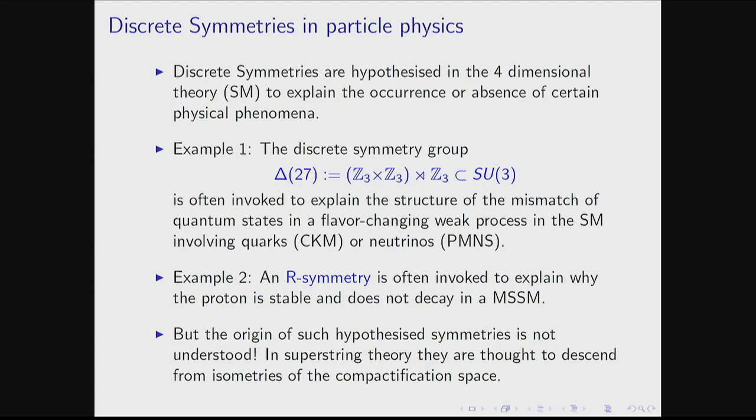There's also R symmetry, which is often invoked to explain why the proton is stable in a minimally supersymmetric version of the standard model. And Alon touched upon this, I believe, in his talk a couple of days ago. And again, the origin of such hypothesized symmetries in the 4D theory is not really understood. So it would be nice if one could find these symmetries as isometries of the compactification space. And not a lot of work has been done towards this classification.